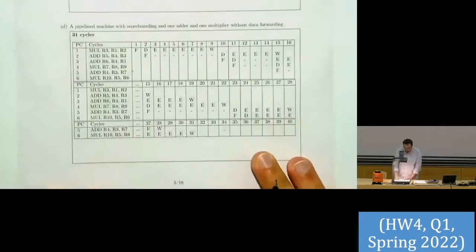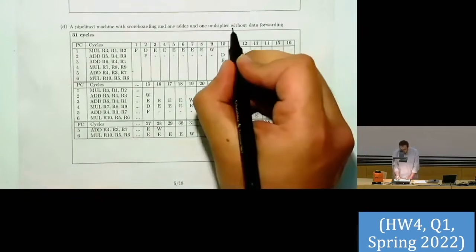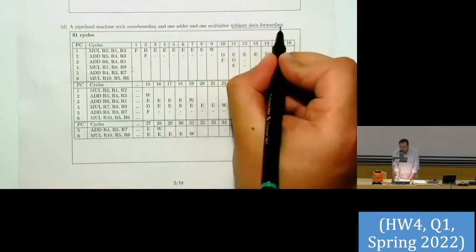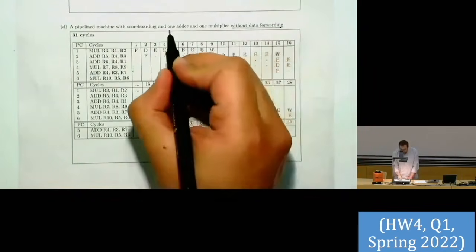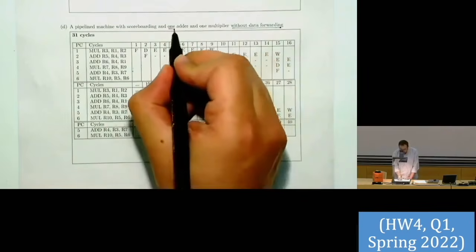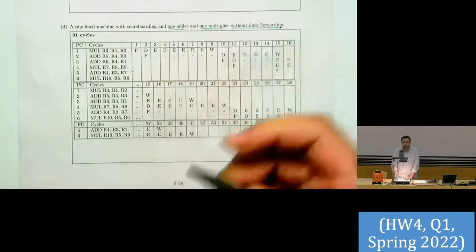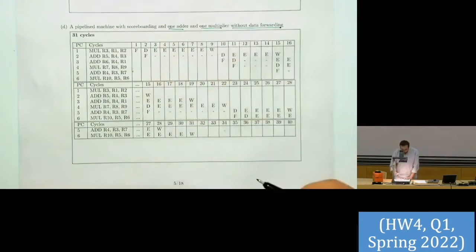In the next part, we have a little bit more change. This is like the first case: we do not have data forwarding, but this time we have 1 adder and 1 multiplier instead of 5 of them. Here another assumption comes.